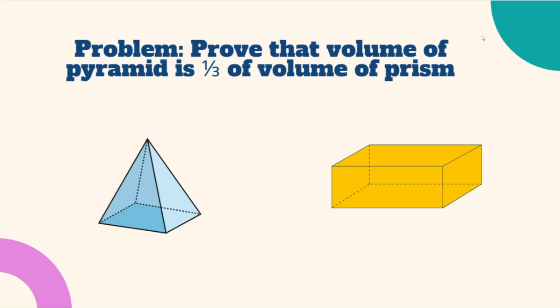We are given a problem, and the problem is to prove that the volume of a pyramid is 1/3 of the volume of the prism. In the experiment, we saw that the pyramid's volume is 1/3 of the prism's volume. Now let's prove this geometrically and see why this relationship is always true.